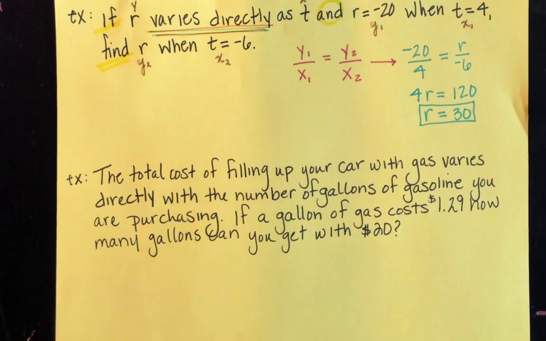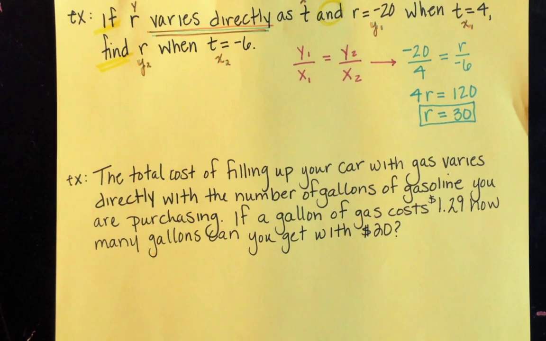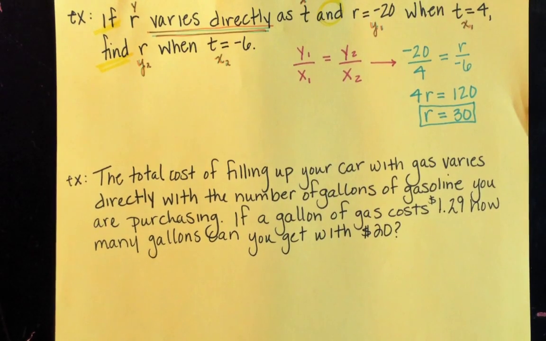So in this word problem, the total cost of filling up your car with gas varies directly with the number of gallons of gasoline you are purchasing. If a gallon of gas costs $1.29, how many gallons can you get with $20?